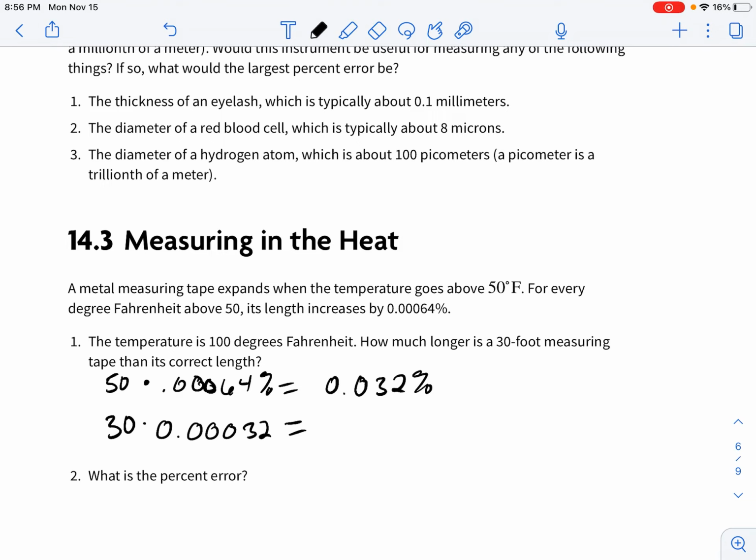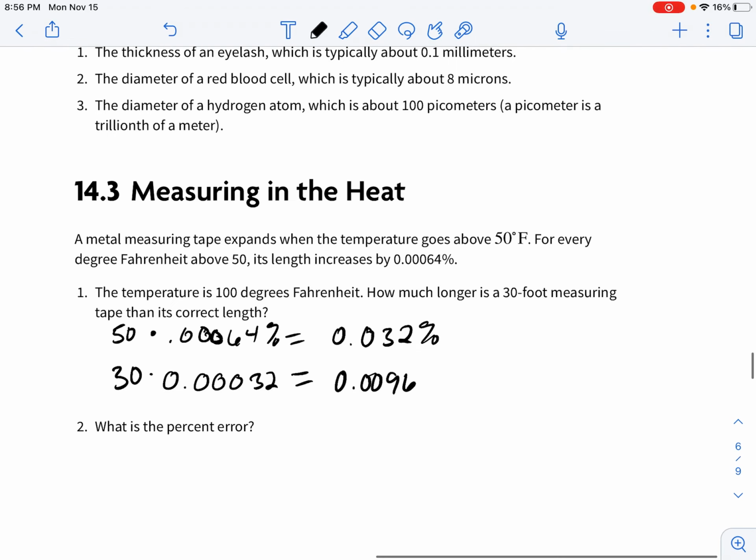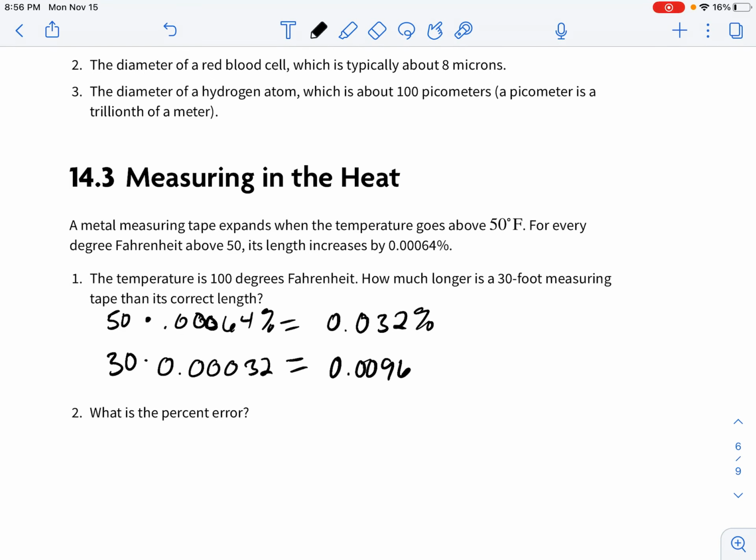And when you multiply it together, you get a difference of 0.0096. Okay, so that's fairly small, but there is a slight increase in size or slight error there.